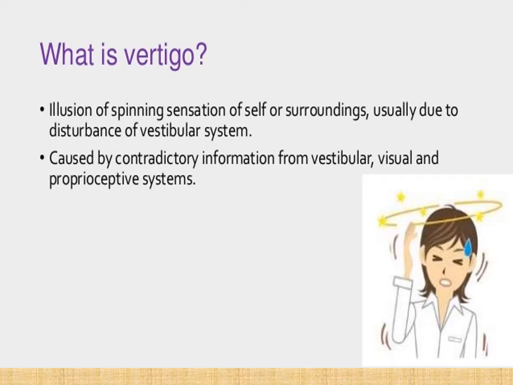It's very important to take an accurate history and to know accurately what the complaint of the patient is. Vertigo means there must be spinning, either of self or the surroundings, and this is caused by contradictory information from the vestibular, visual and proprioceptive systems.